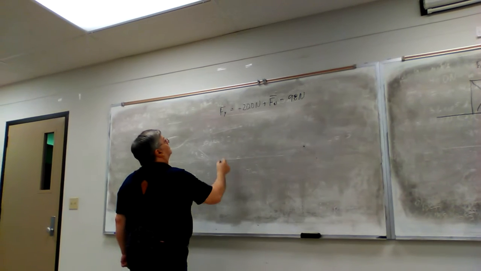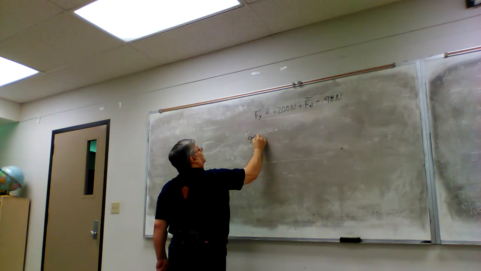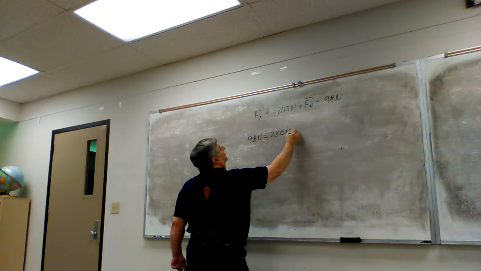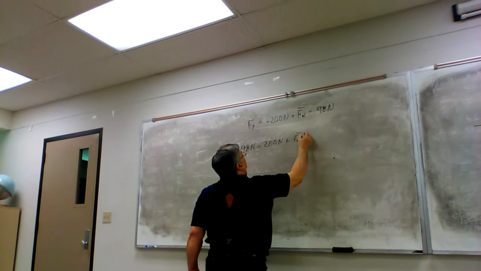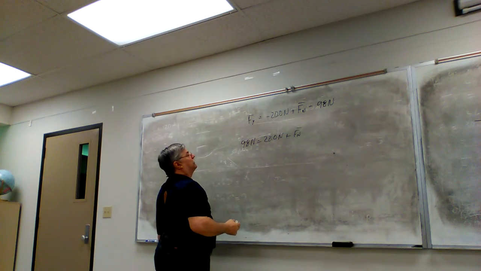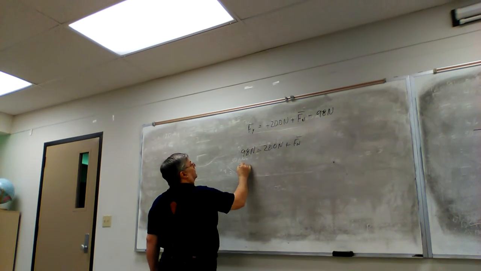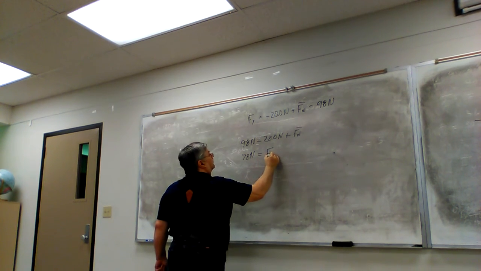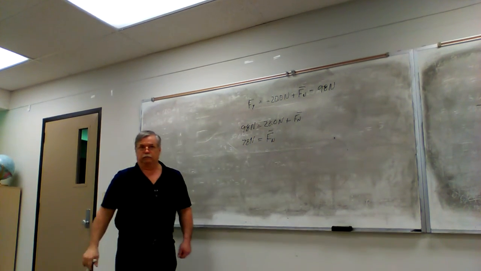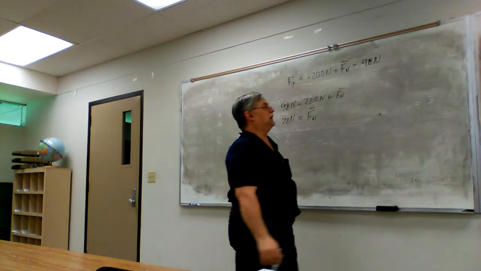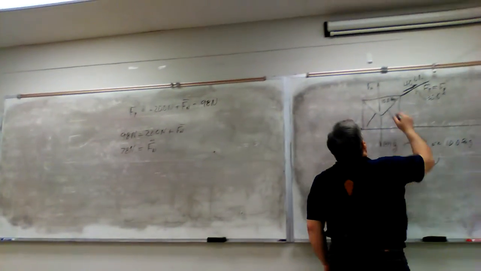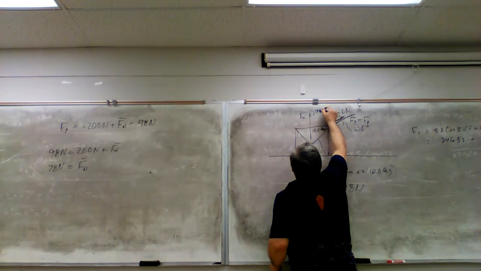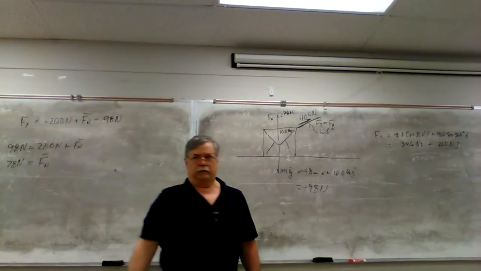So 98 newtons equals 20 newtons plus the force normal. Subtract 20 from both sides, and somebody verify that, please. Good. We've got 78 newtons is the normal force.